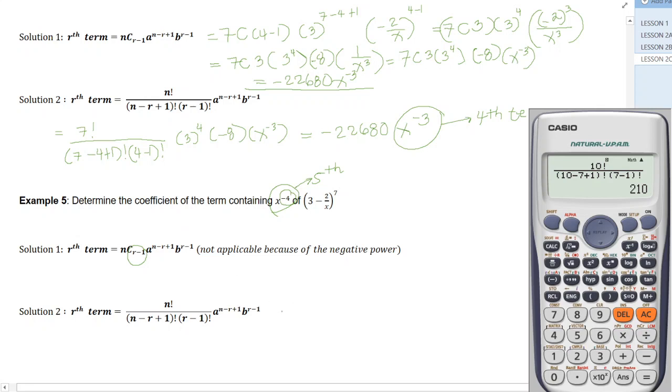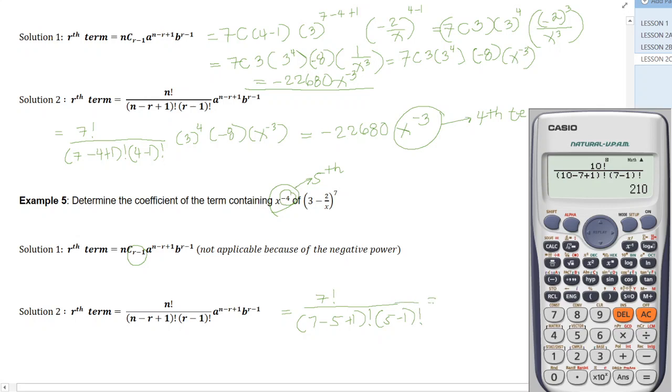If we are going to write that one, that is n factorial, which is your 7 factorial divided by your n, which is 7, minus r, which is 5, plus 1 factorial, multiplied by r, which is 5 minus 1 factorial.